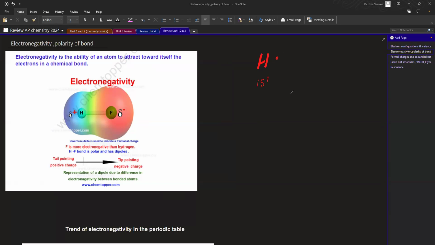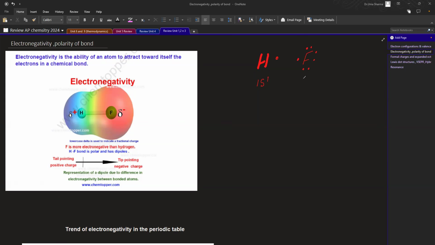Now let's look at fluorine. How many valence electrons does fluorine have? Look at the periodic table. It's in the 7th family, so 7. If I make the Lewis dot symbol, it's like this.